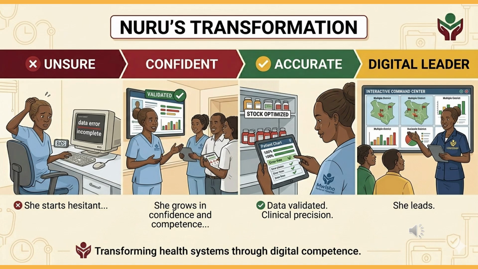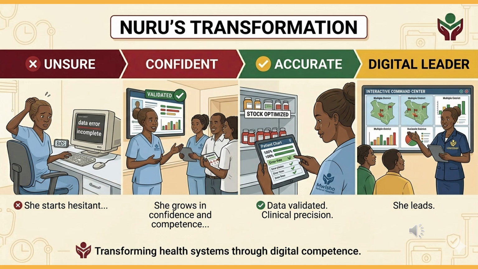Nuru started unsure, with limited skills. As her digital literacy grows, she learns to use digital tools safely and effectively in daily work. She then becomes digitally competent, using tools confidently and professionally. Next, she develops digital fluency, adapting when systems change or connectivity drops without disrupting care. Ethics guides her practice throughout, protecting patient data and logging out after use.